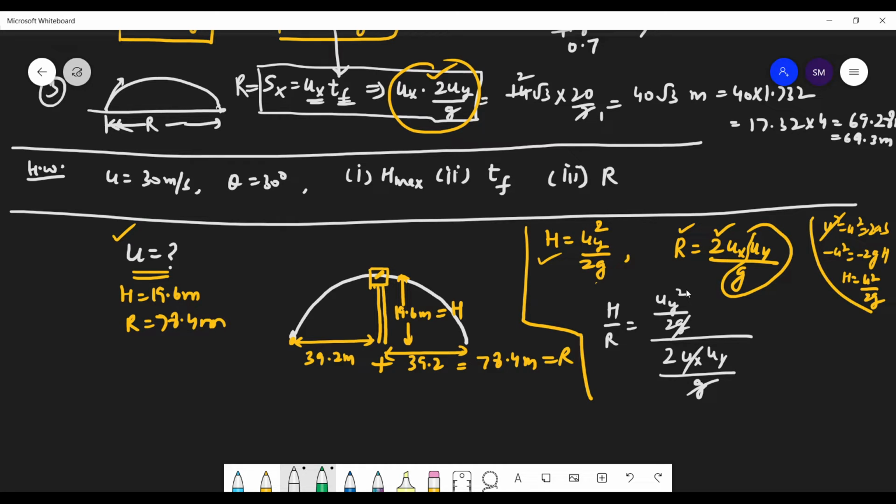One Uy will also cancel out. So what are you left with? Uy by 2 into, this is this upon 1, so 1 upon Ux. So you're left with this. This is 2Ux. So this will be equals to 1 by 4.